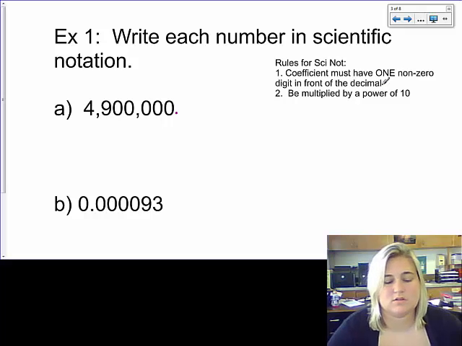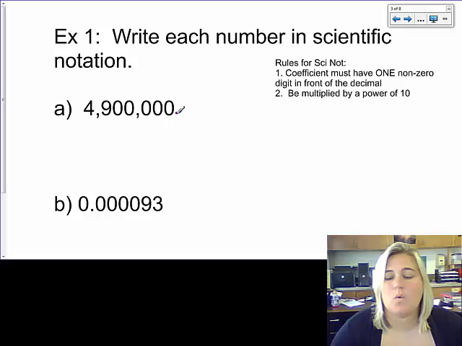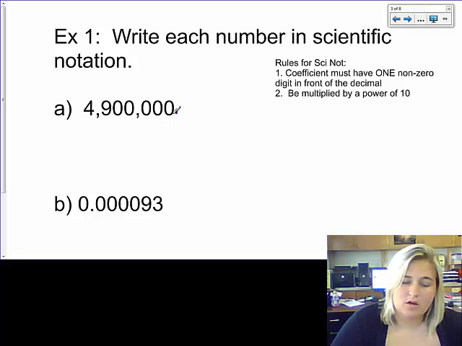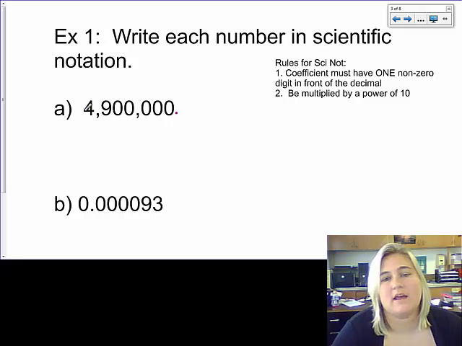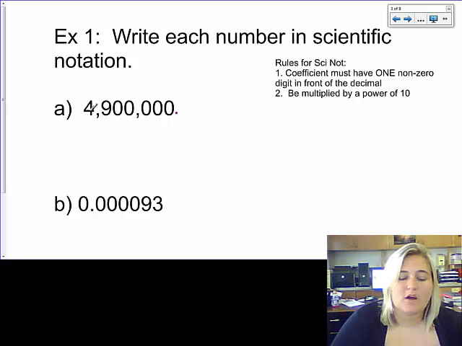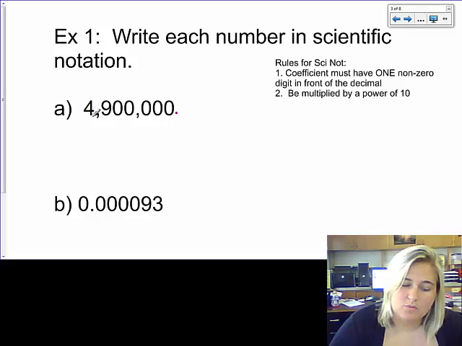Very, very important. So we've talked about where our decimal is, and for it to only have one non-zero digit in front of the decimal, I currently have 1, 2, 3, 4, 5, 6, 7 digits in front of the decimal. I can only have one, and it must be a non-zero digit. So these are my only two non-zero digits. Non-zero meaning not zero. So it has to be behind one of these two things.